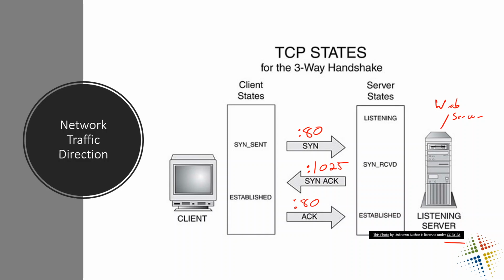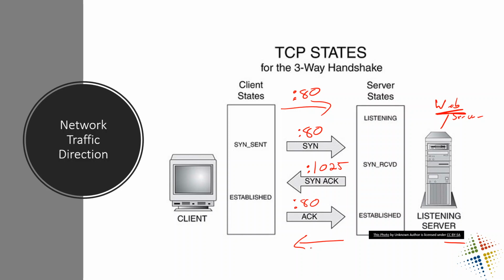TCP Three-Way Handshake, and this is where you really have to know what direction your traffic is flowing in. If I want to permit or deny, if I want to control the traffic for the web server, specifically web traffic, then that means I need to control the traffic going that way on port 80. I could try to control it going back on a different port.